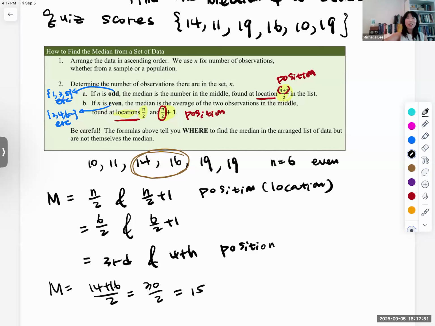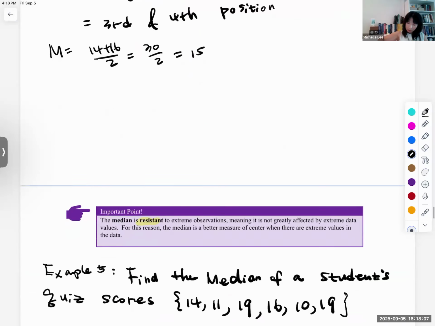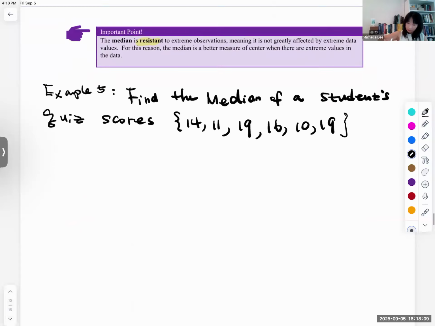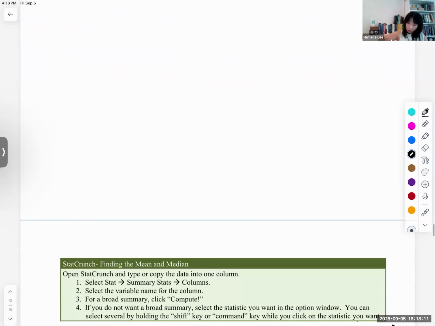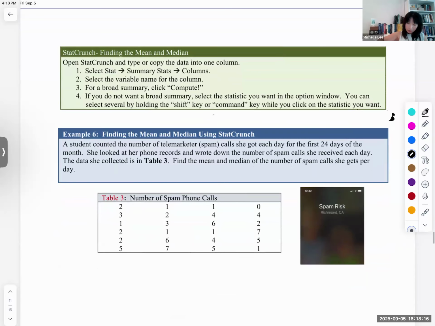All right, what kind of data will be good? Okay, I will follow the textbook here. So let's see. In the textbook, we have the number of spam phone calls.